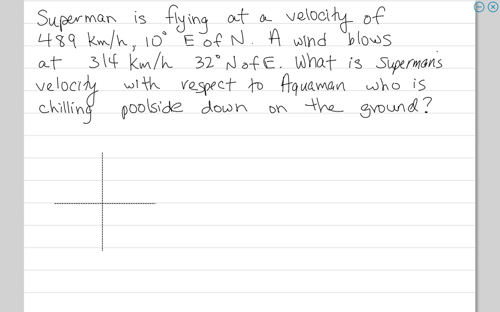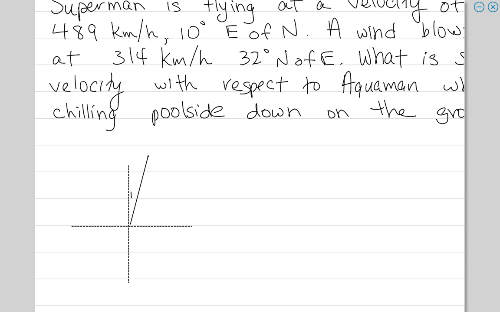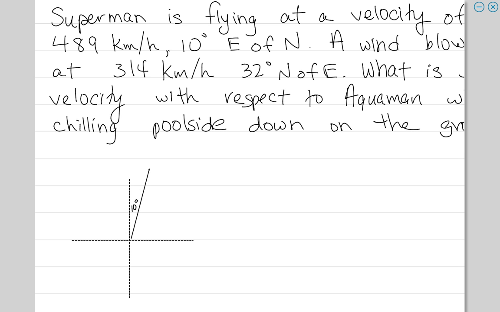East of north, up in here? And we need just 10 degrees, so it's going to be just a slight vector like this. So there's your 10 degrees east of north, and that is a vector of 489 kilometers per hour.